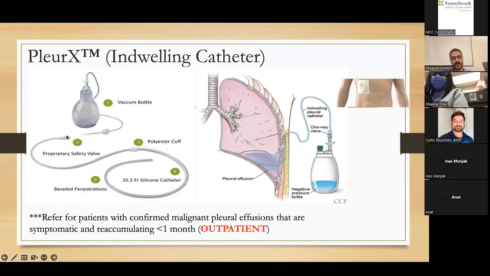And at the exit site, you have your catheter drainage system. So this is where the nurses at home access the catheter and use their bottles. As you can see here on the right-hand side, this is the tip of the catheter. The silicone will be somewhere in here, subcutaneous, and you have the drainage system with the one-way valve to drain the fluid.